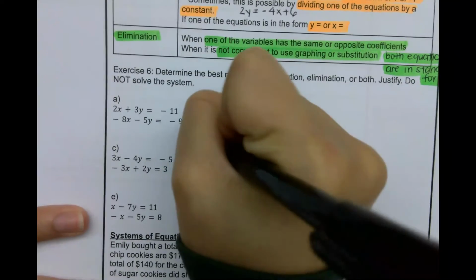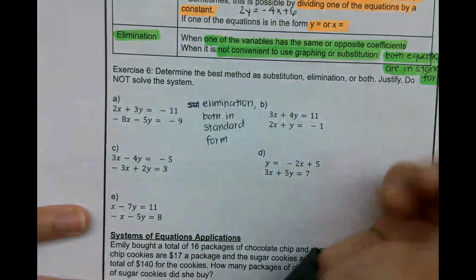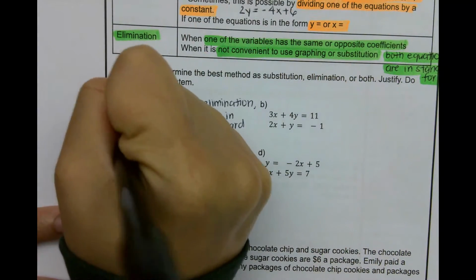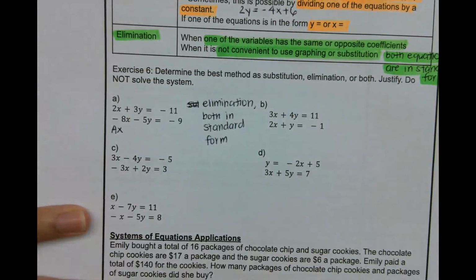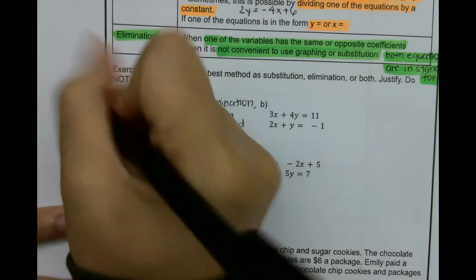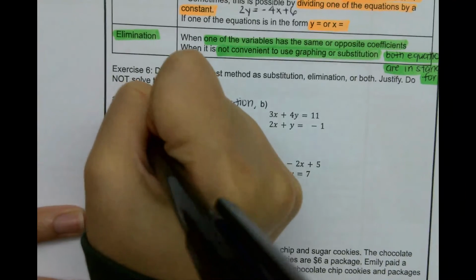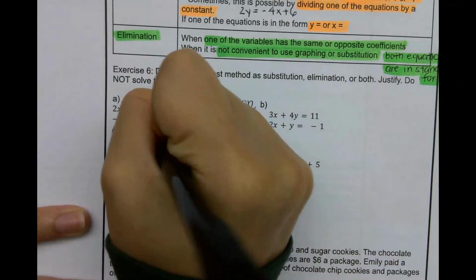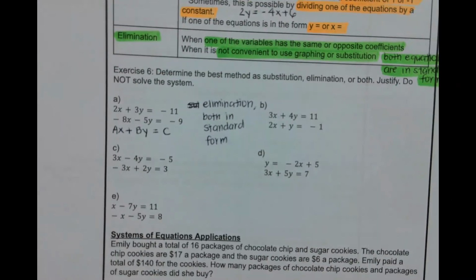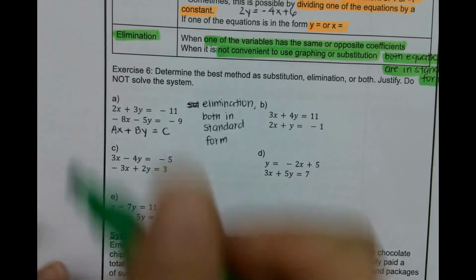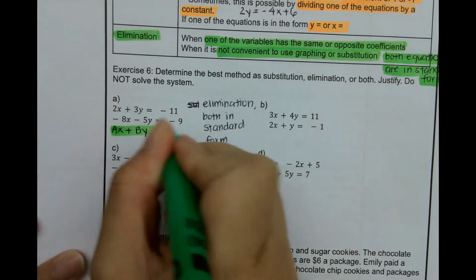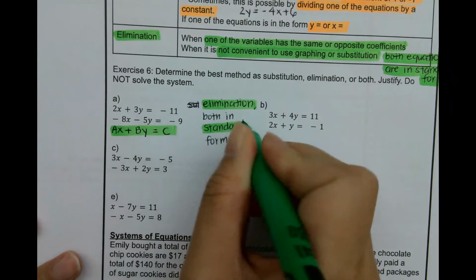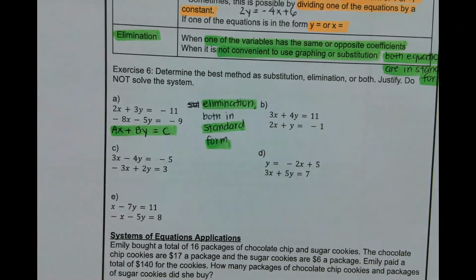What I mean by that is both of them follow the pattern ax, where a is our coefficient, in this case 2 and -8, plus by, in this case 3 and -5, equals our constant, where we just have a number. So because both of these are in standard form, I would use elimination.